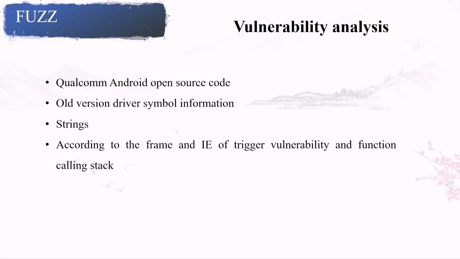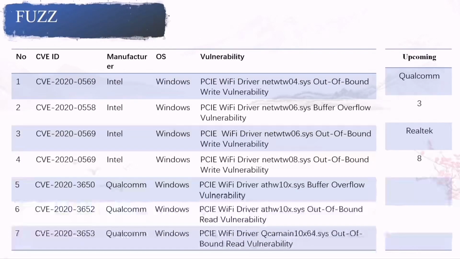We can only search for the symbol information of an old version on the internet, which is also very helpful to us. Also, we can use an IDA script to restore the function names in the binaries, because some strings contain function names or related information. Finally, we are able to analyze vulnerabilities by binary symbol information and the function stack after a system crash.